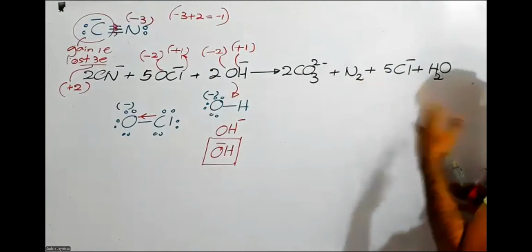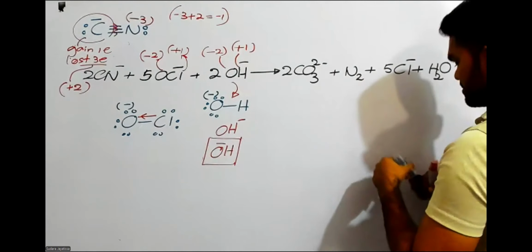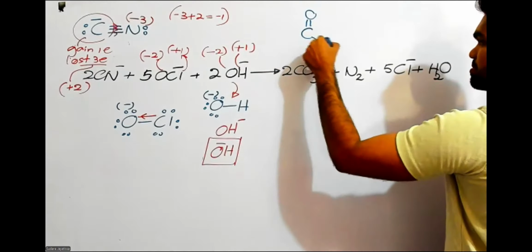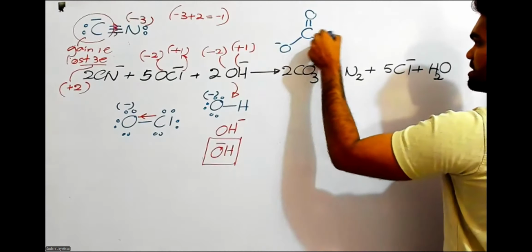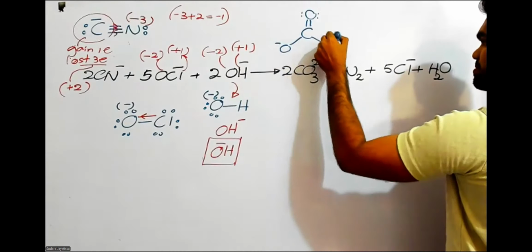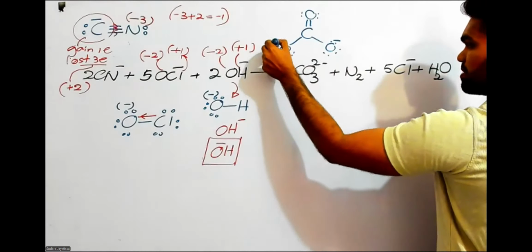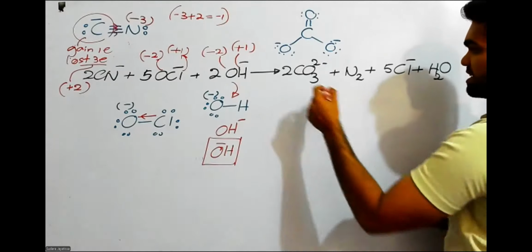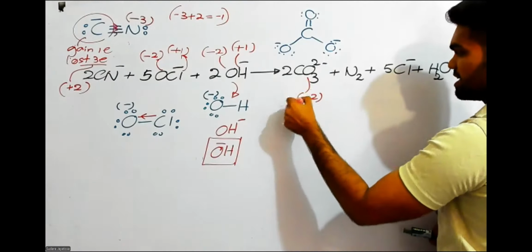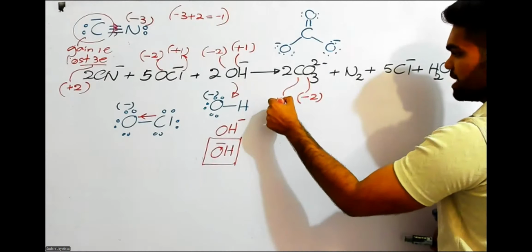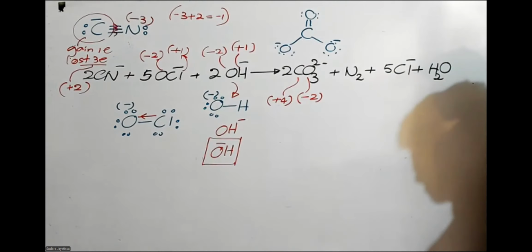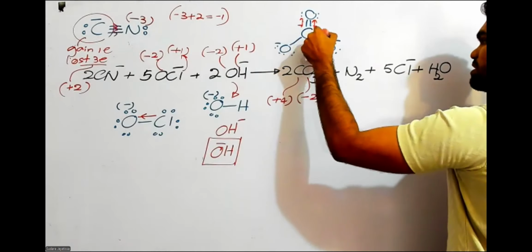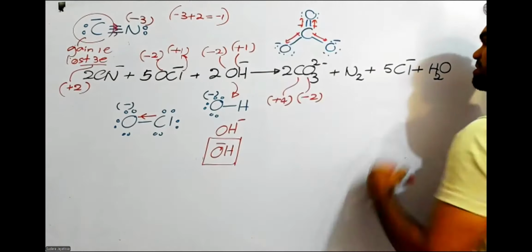Now let's check what the oxidation numbers of these molecules are. First, start from carbon dioxide. This is the Lewis structure. Now you can see each oxygen atom has -2 oxidation state, and the carbon atom has +4 oxidation state, because here electrons are pulled, 4 electrons are partially lost from carbon.